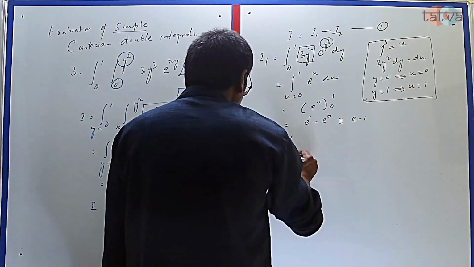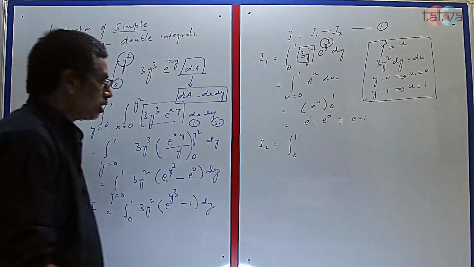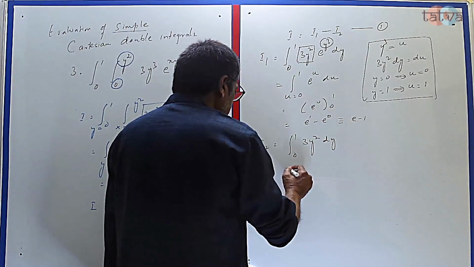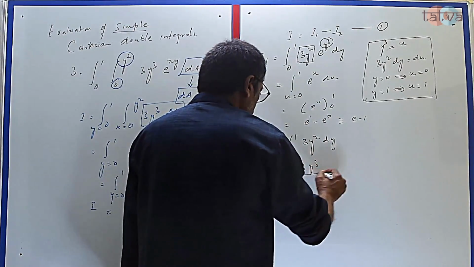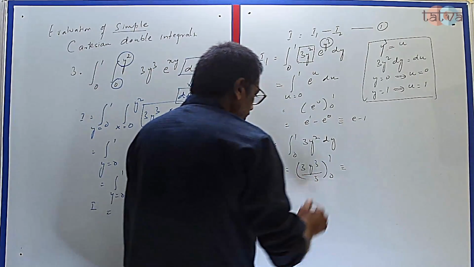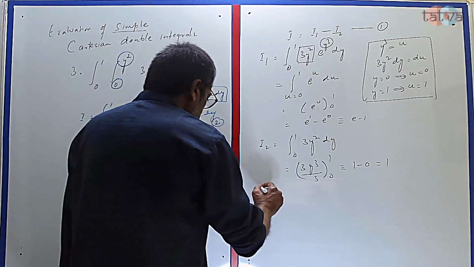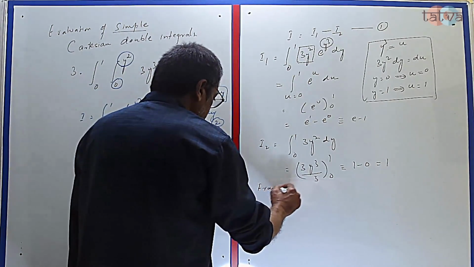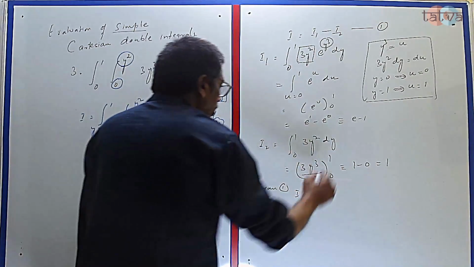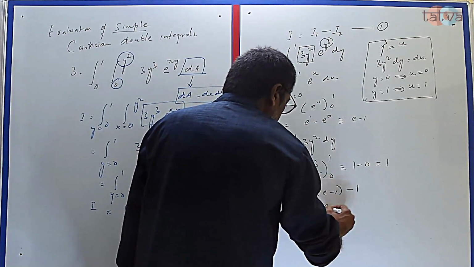I2 is integral 0 to 1, 3y squared into 1, that is 3y squared dy. This is straightforward. 3 times y cubed by 3 from 0 to 1. 3 goes off and we will get 1 minus 0, which is 1. So, back to equation number 1, that gives us the final output. I is equal to I1, which is e minus 1, minus I2, which is 1, producing e minus 2.